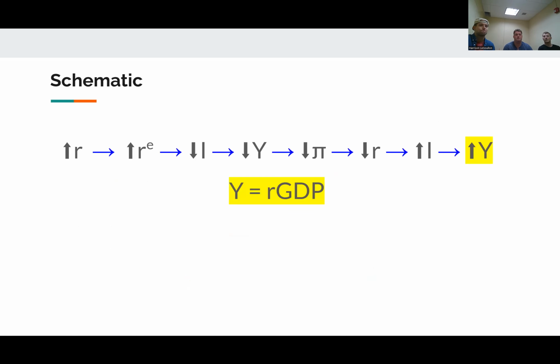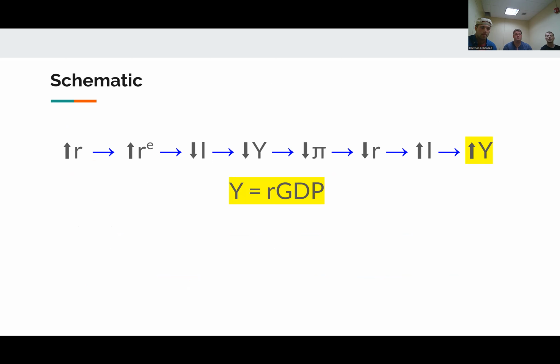Jack, take it over. So in order to better understand real GDP in the context of the transmission mechanism and the Federal Reserve, we want to offer this schematic, which was thought of by Mishkin in his 1996 paper. It reflects a relationship between output and interest rates, as well as the expectation of interest rates and then investment.